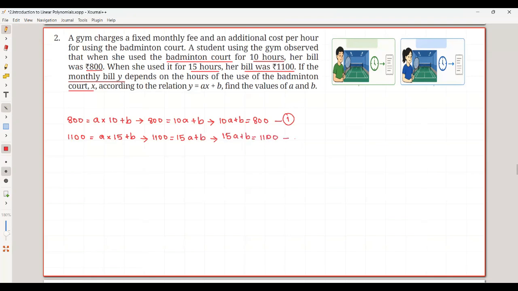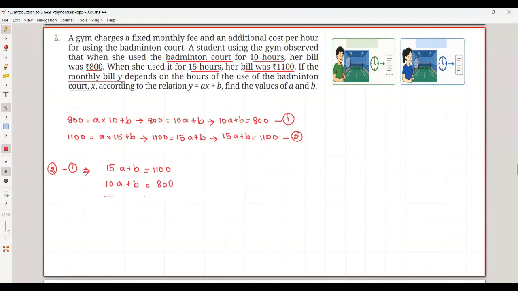Now this is the second equation. Here the second equation number is greater, so I have to subtract 2 minus 1. Equation number 2 is 15a plus b is equal to 1100, minus equation 1, which is 10a plus b is equal to 800.